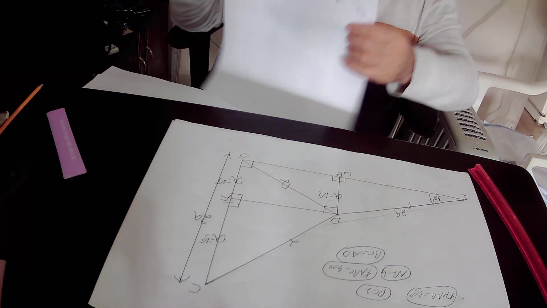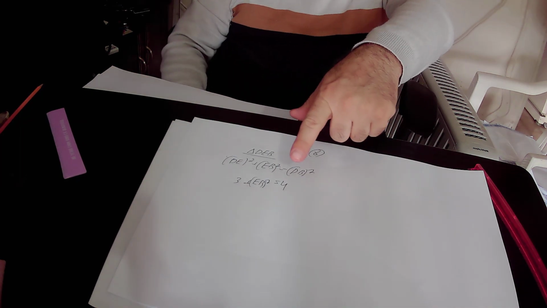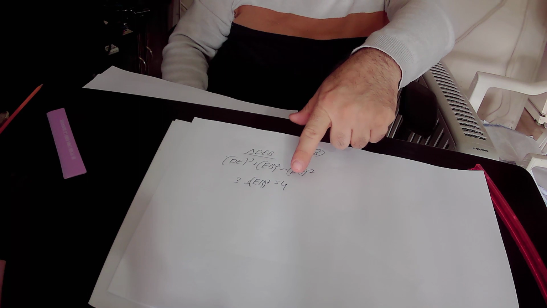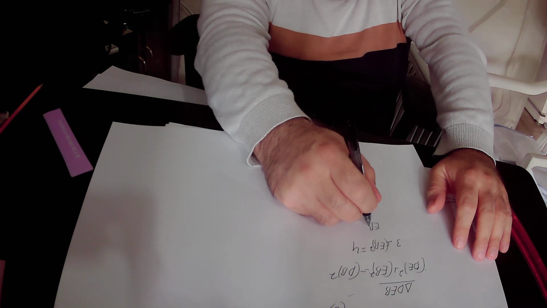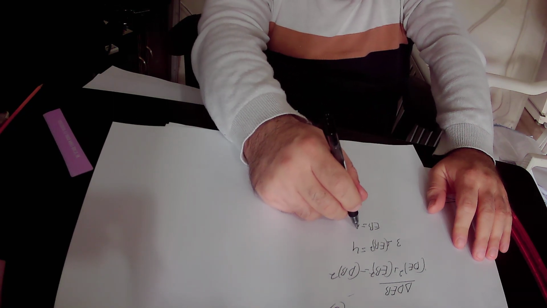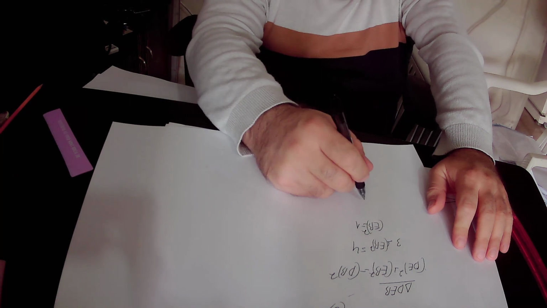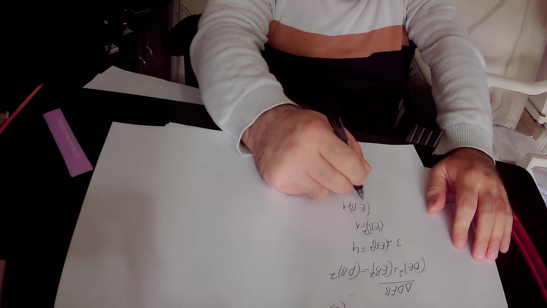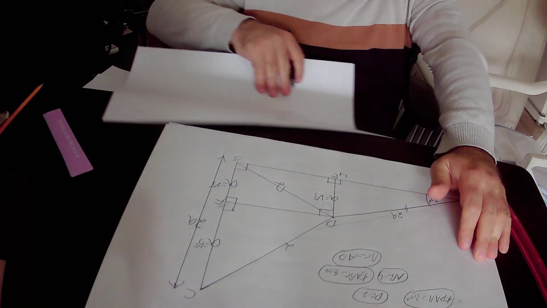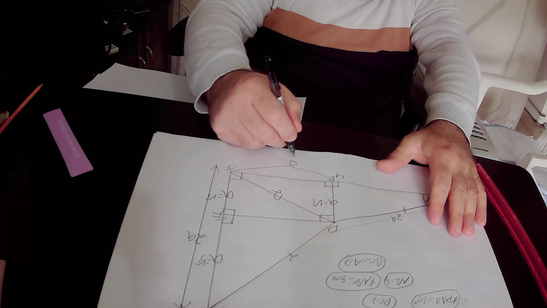So we found that 3 plus EB squared equals 4. We subtract 3 from this equation and get that EB squared equals 4 minus 3, which is 1, and the square root of 1 is 1, so EB equals 1. So EB equals 1 unit.